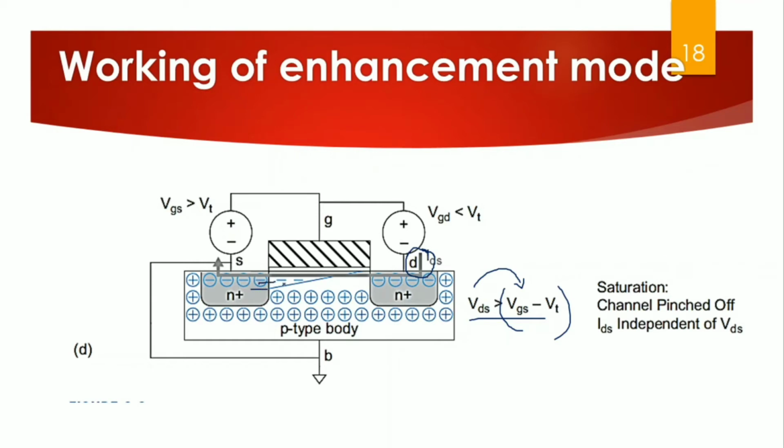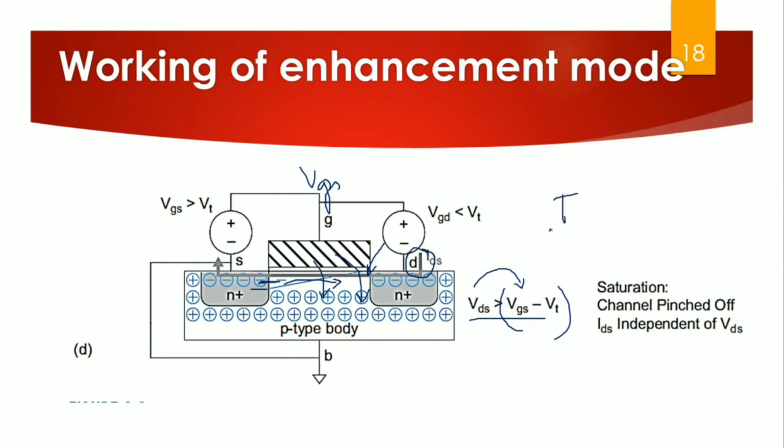What are the charges that are moving here? These are negative charges. Therefore, the channel gets pinched off here. The channel gets reduced. But you are applying VGS, which exerts some electric field here. This electric field is sufficient to drag or pull the electrons from the source or from the channel to move towards the drain.